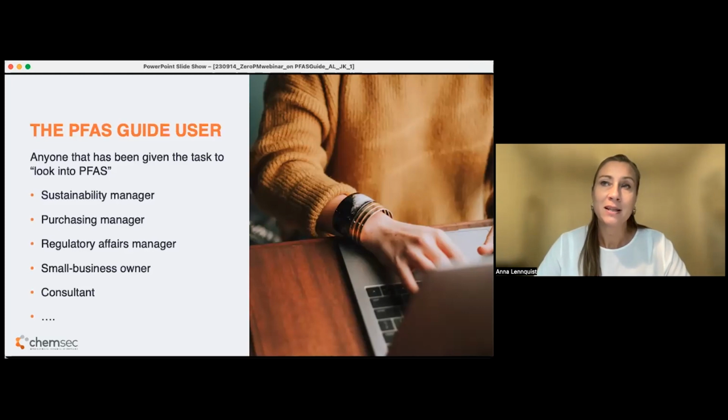It could be companies that are relatively large, that have a sustainability department and a person responsible for chemicals management. But we know there are also many small businesses, startups, private small companies where there's one person doing everything. And we wanted the PFAS guide to be useful for all these different levels of expertise, so that you could come in and, with the information available, click through the level that could be helpful for you. So that should be something for everyone in there.